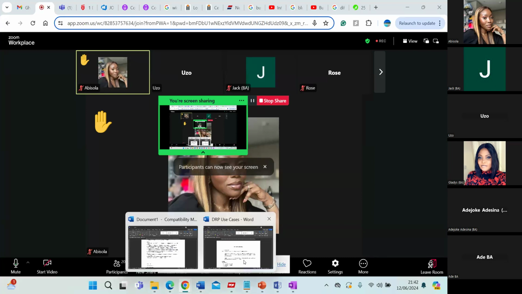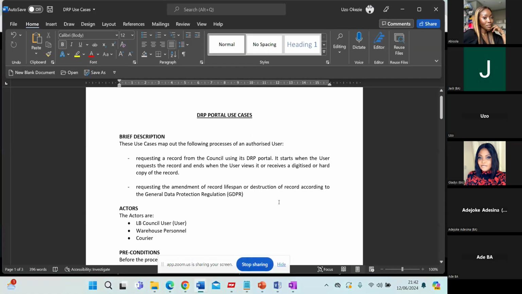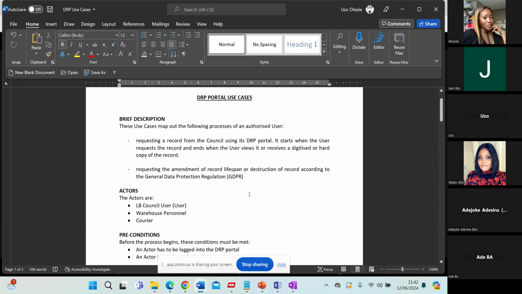So, like I said, for some of these, this is just something I created initially. I just want to show you what it looks like. Some of these things you already know because you've already created user stories and all of that. But this is the supporting documentation I was telling you about.